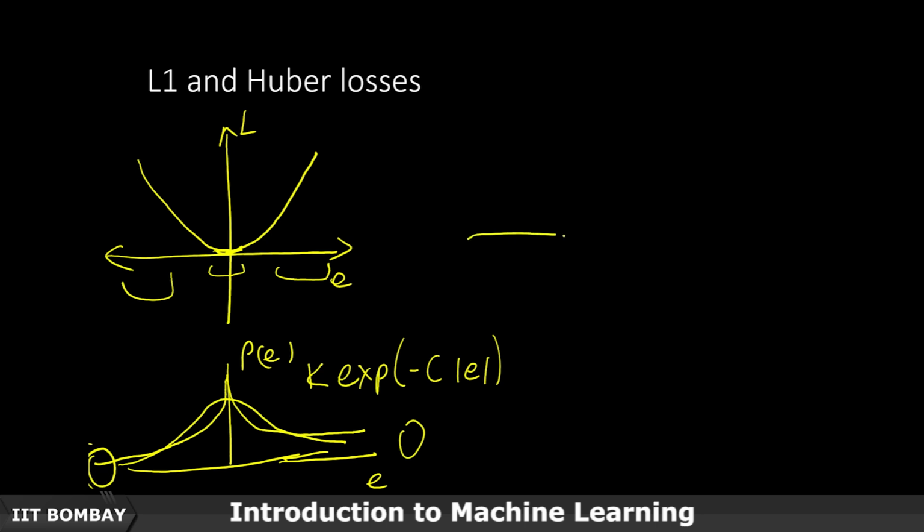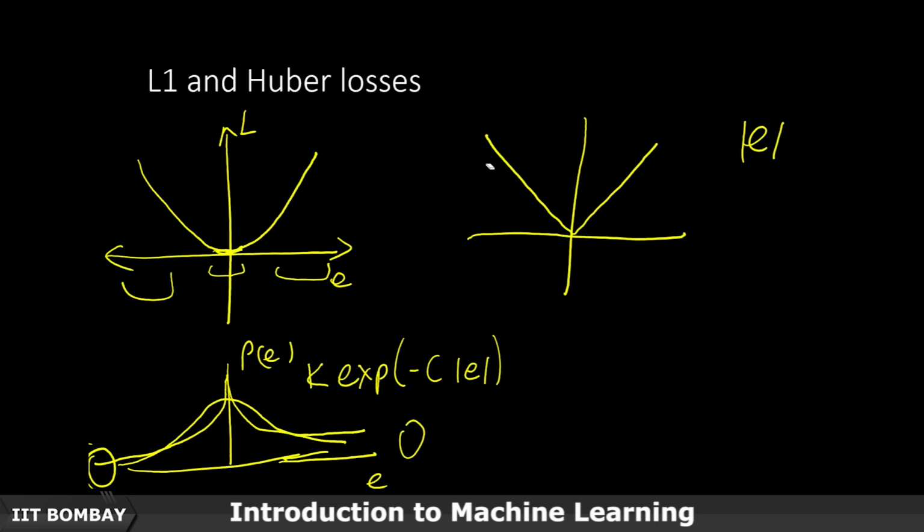So an alternative to the L2 loss is the L1 loss. Here your loss is basically proportional to mod of E. And here what we see is that no matter what the error is, the gradient is always going to be constant on the positive side and constant and negative on the negative side.